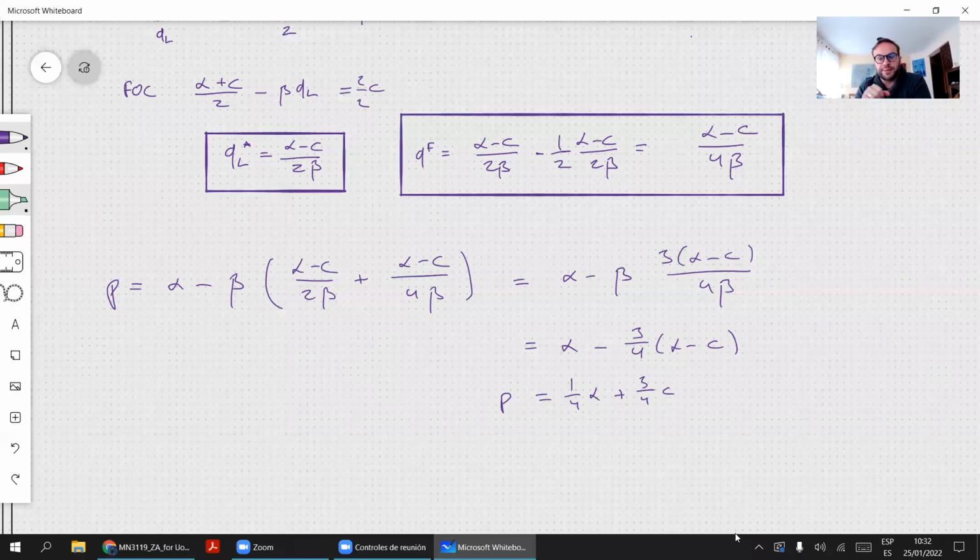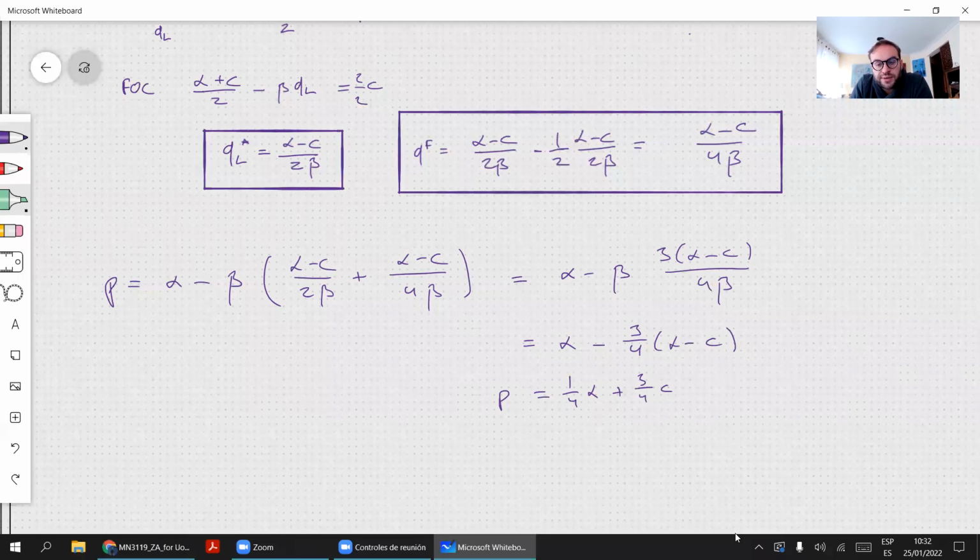If the intercept is larger, the price is going to be higher because you have more demand. And if the cost is larger, you also are going to have a higher price because it's more expensive to produce. So that should make sense.